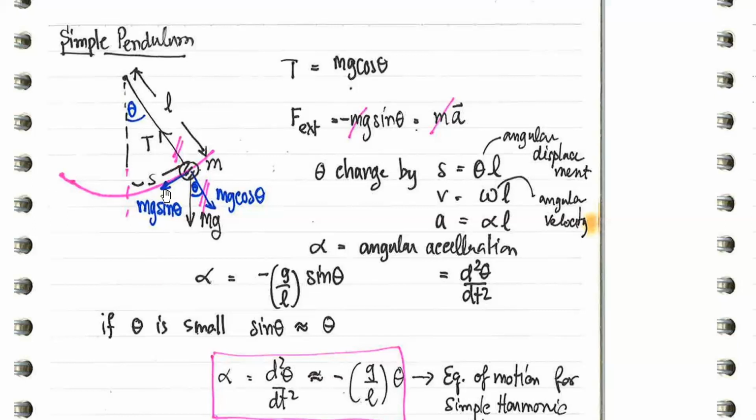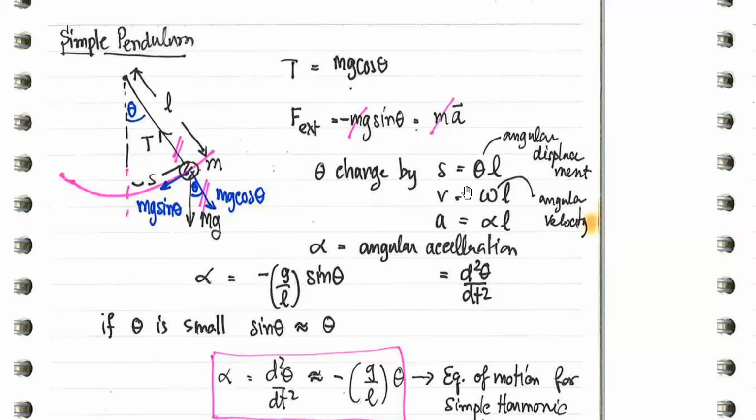So the displacement, instead of talking in terms of a distance, we can change it into an angle, so that the distance or displacement from the equilibrium point, where theta equals 0, is s equals theta L. Okay, according to this, the length of the arc is related to theta.